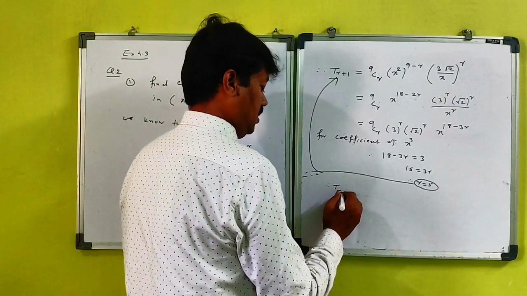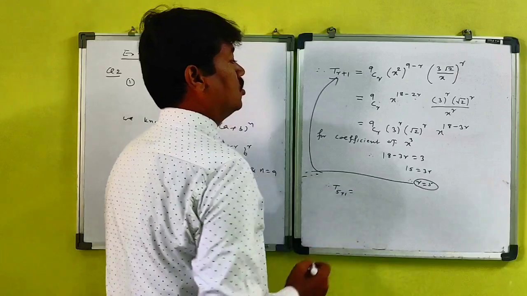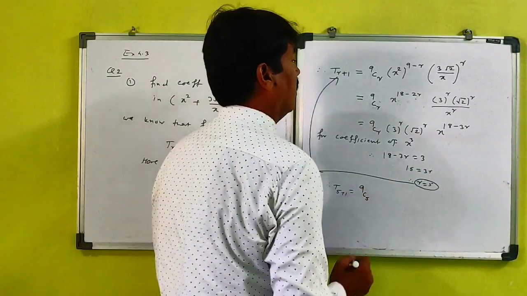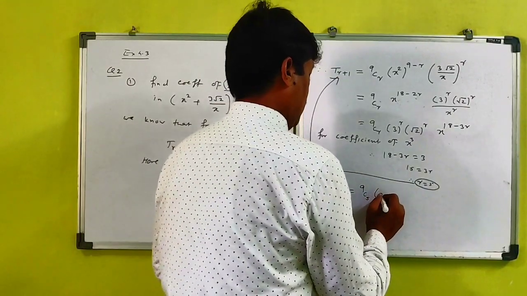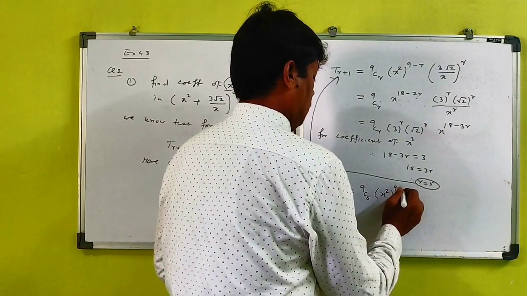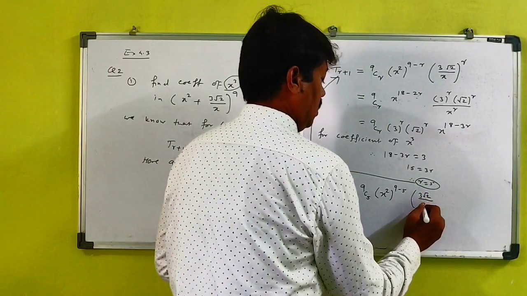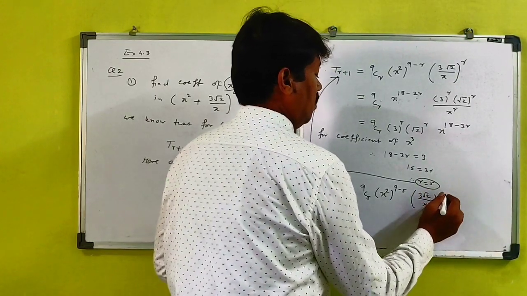Once you know r is equal to 5, substitute back in this. Therefore, T 5 plus 1 is equal to 9C5, x square raised to 9 minus 5, times 3 root 2 upon x raised to 5.